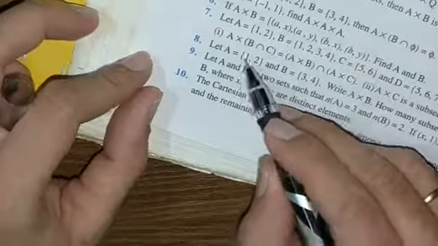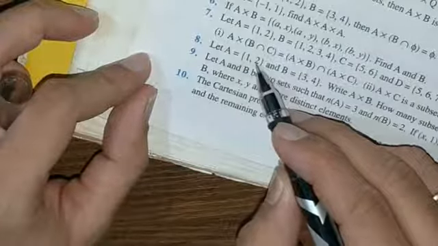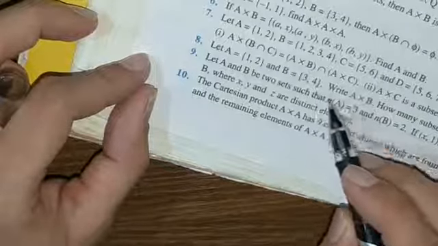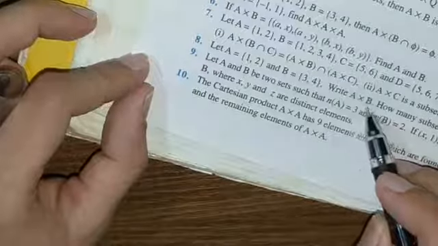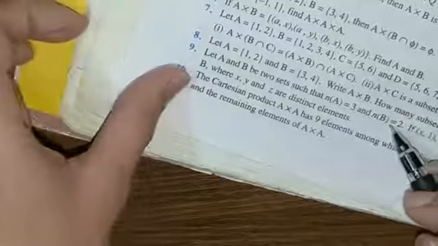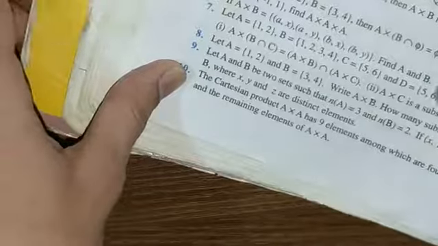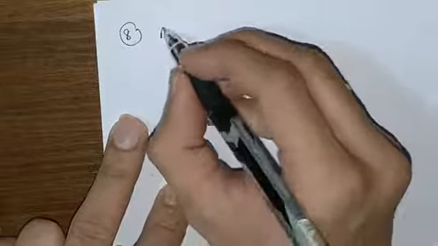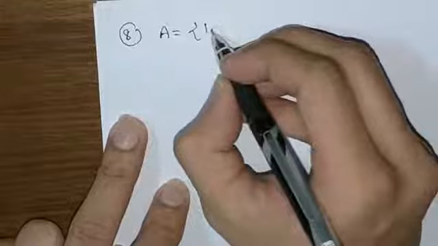Let A be equal to the set {1, 2} and B be equal to the set {3, 4}. Write A cross B. How many subsets will A cross B have? List them. Set A is given to be {1, 2}.